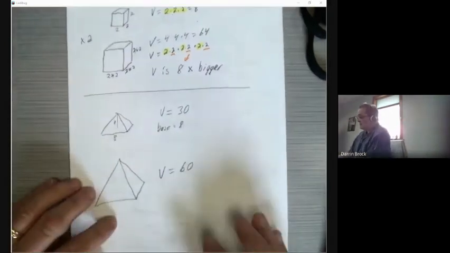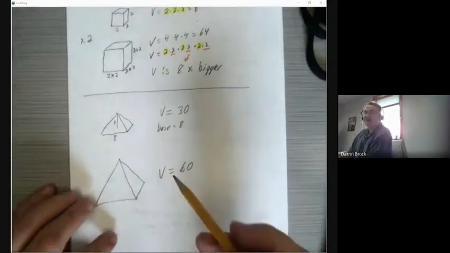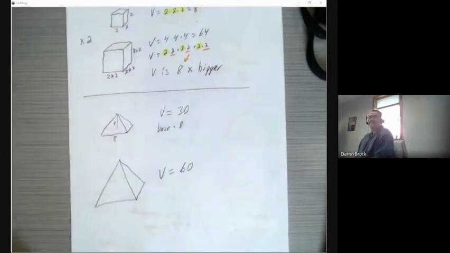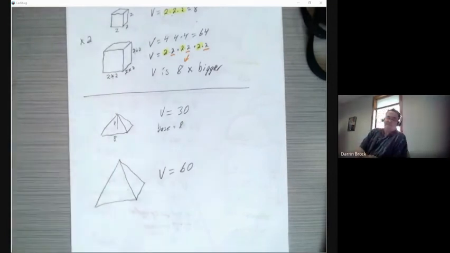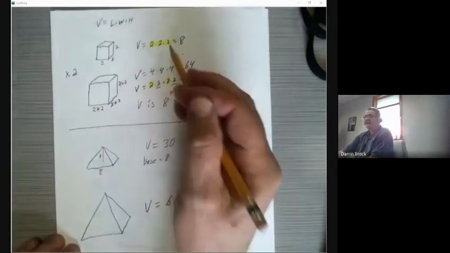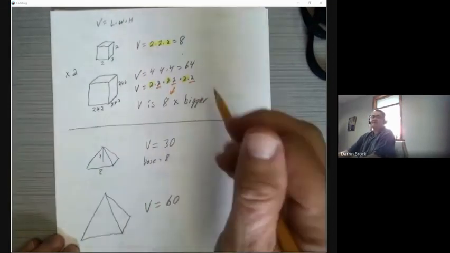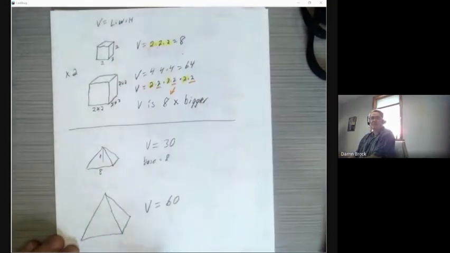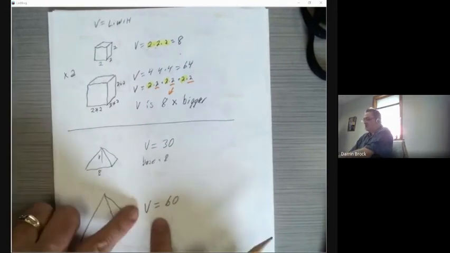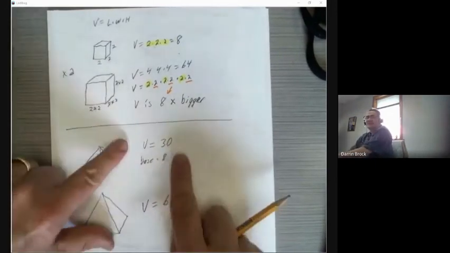And it's going to ask you, how many times bigger is the volume of the large one compared to the small one? How many times bigger is it? Well, here's the trick to it all. This one we had to calculate what the volume is to tell how many times bigger it is, or know how the rule works. This one we don't because they told us the answers already. This is the volumes.